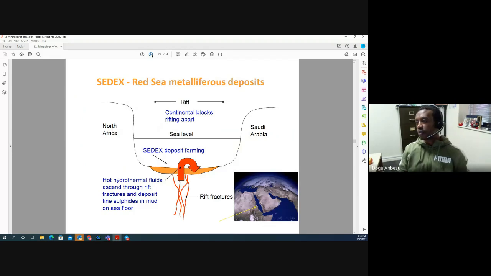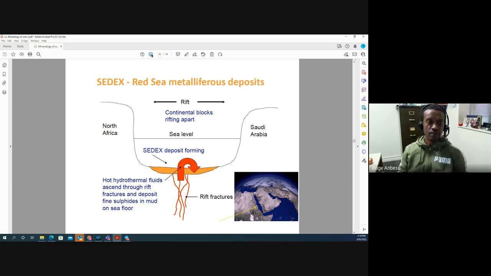Okay, for SEDEX deposits, again, these are happening to this day. I think there is some evidence of that happening in the Red Sea again. So instead of very fine sulfides accumulating under the sea, what you have in a SEDEX deposit is pretty much fine sulfide mud.